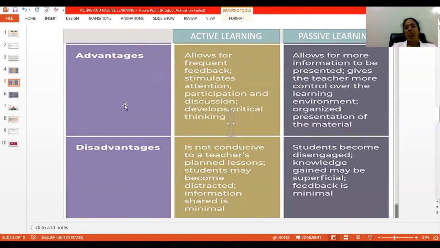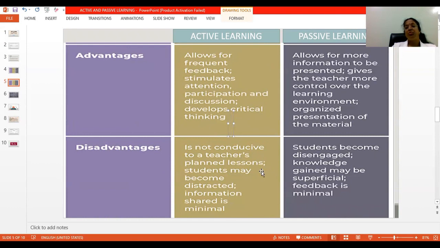We will see the advantages of active learning. Active learning allows for frequent feedback, stimulates attention, participation, discussion, and develops critical thinking, which we have already seen. The disadvantage of active learning is also very important to understand. It is not conducive to the teacher's planned lesson.